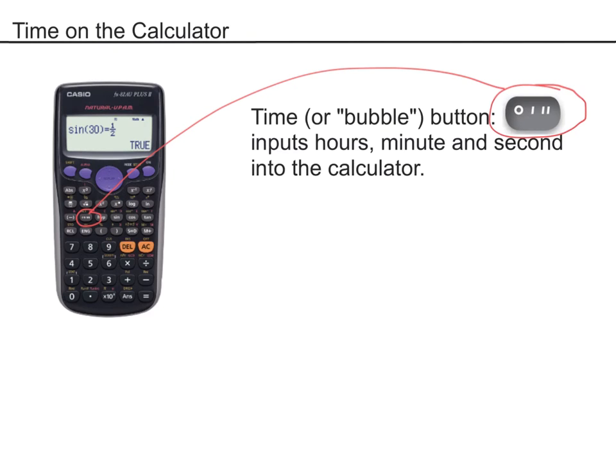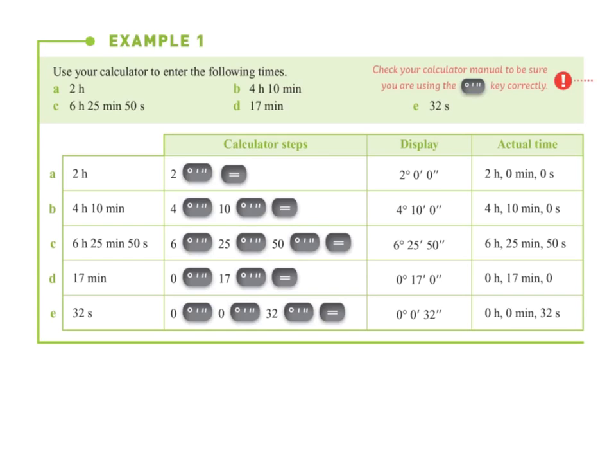The bubble button allows us to input hours, minutes, and seconds into our calculator. The markings on the button indicate your hours, minutes, and seconds, and this is how we will input it into the calculator. These examples show you how to use that bubble button to input time into your calculator.